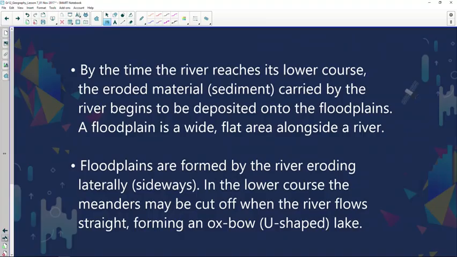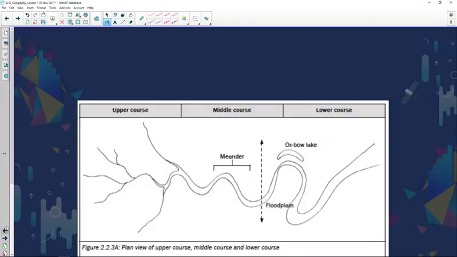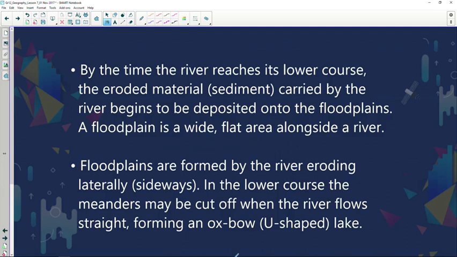Today we're going to have a look at the three stages of a river. A river is divided into an upper, middle and lower course. To give you an indication, I'm going to quickly draw a longitudinal profile at the bottom of this page.